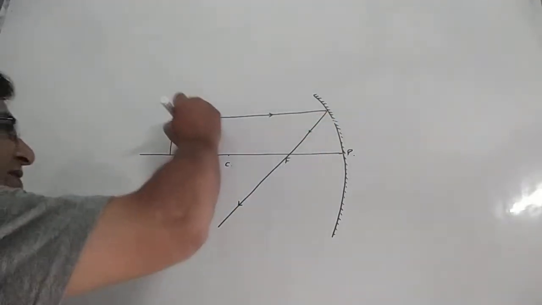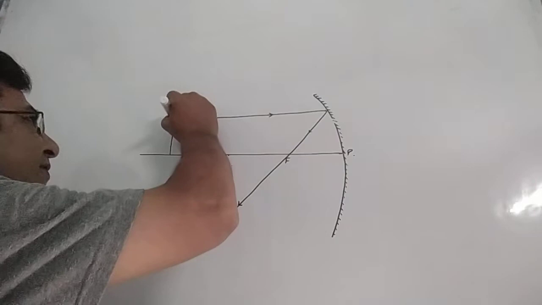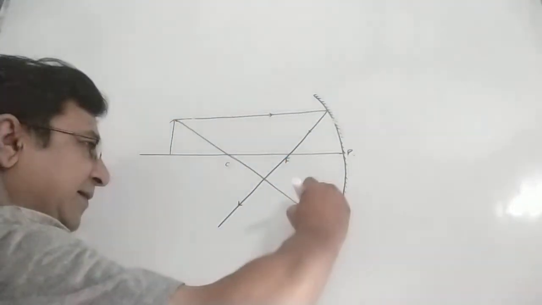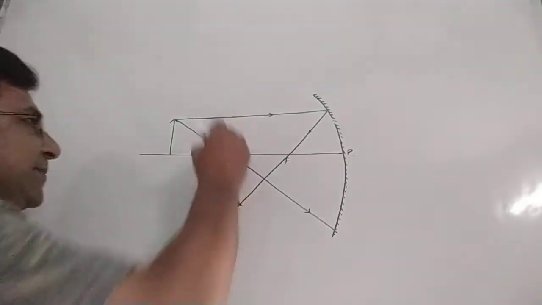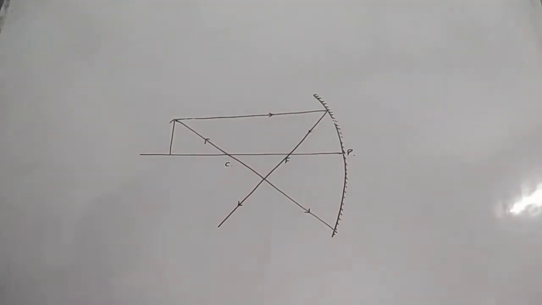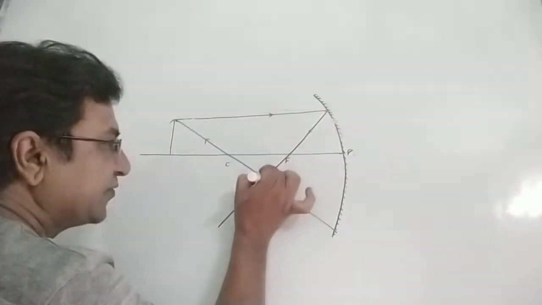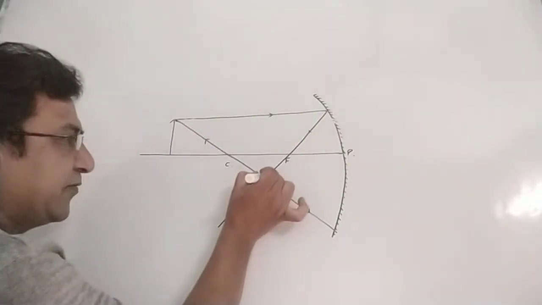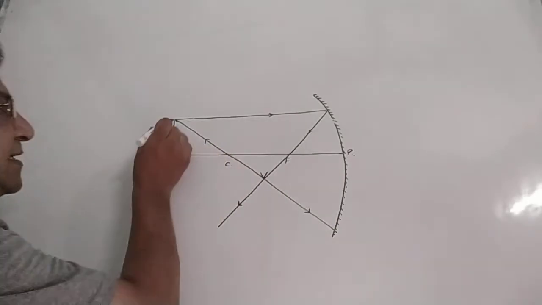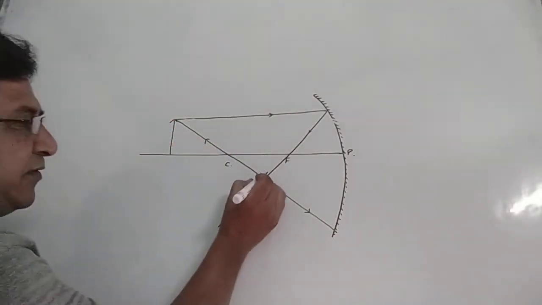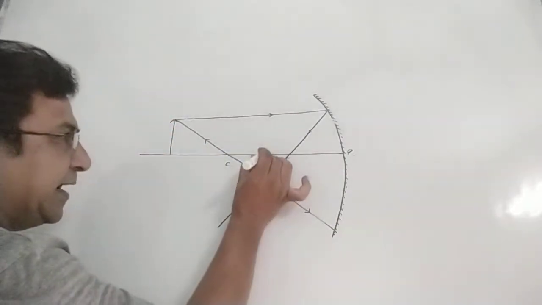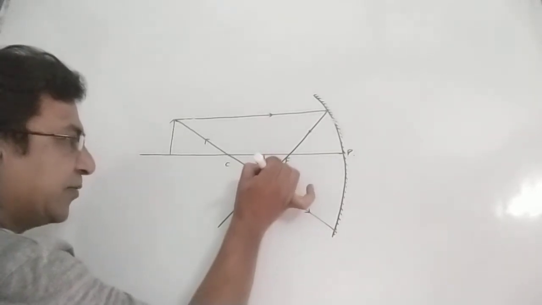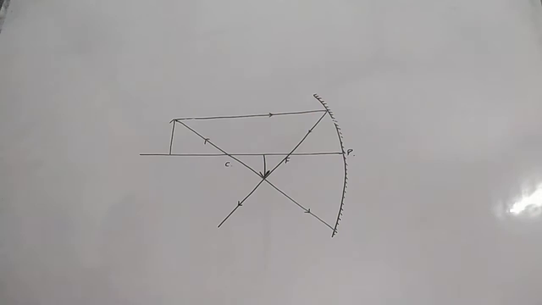And the ray which is passing through the center of curvature, after striking the hard surface of the mirror, will bounce back on the same path. Now this is the image formed where these two reflected rays are crossing. As the rays have come from the head, we will form a head over here and then the foot. So this is the image formation which has taken place.